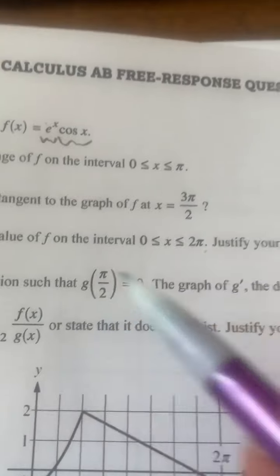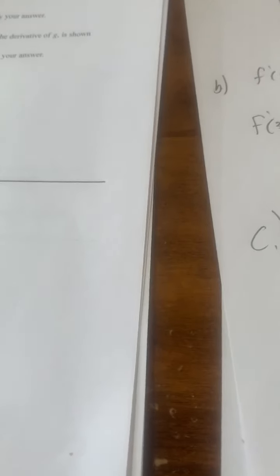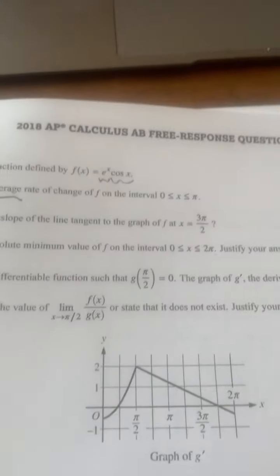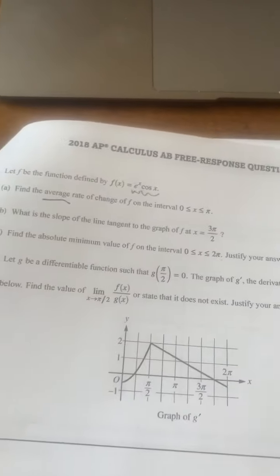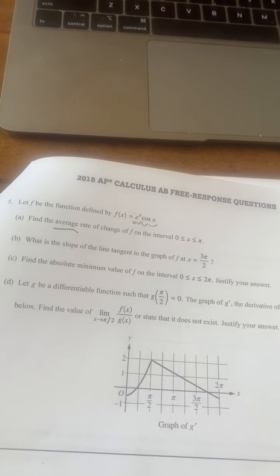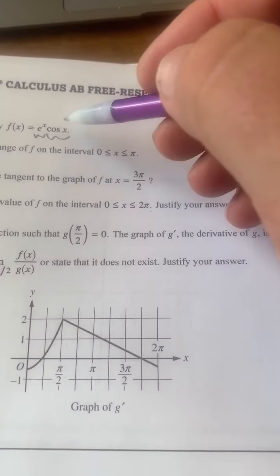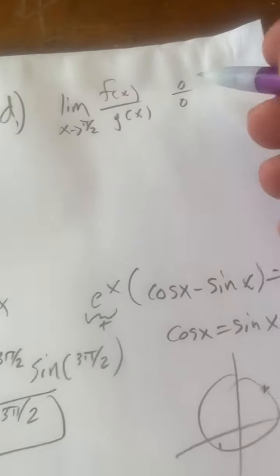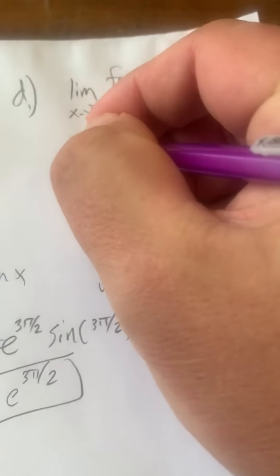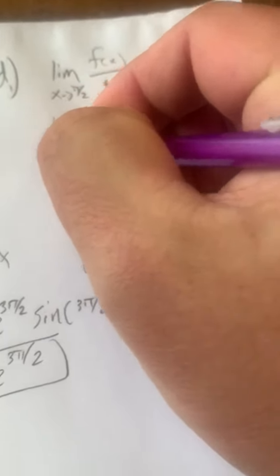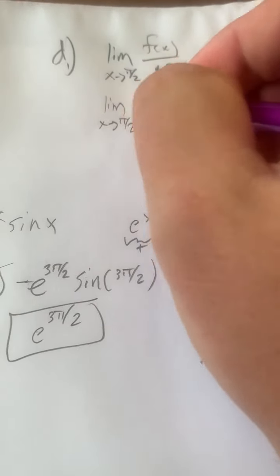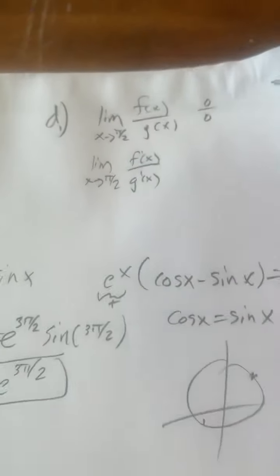If I plug a pi over 2 into here, cosine of pi over 2 is 0, so I get 0 over 0. That's an indeterminate form, which means you can then take the derivative of the top, so that'd be f prime of x over g prime of x, and I can plug a pi over 2 into there.